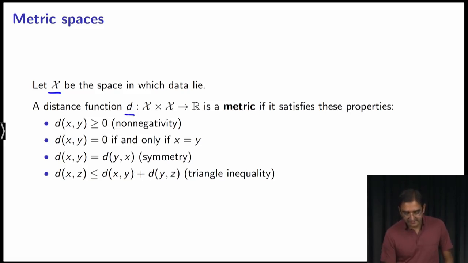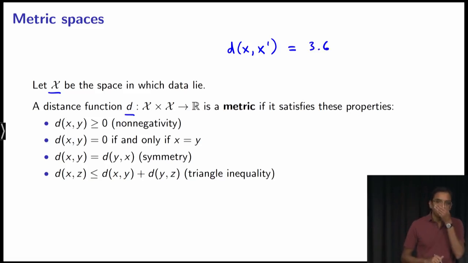Now we have a distance function on X. You give it 2 objects in X and it returns a value, maybe 3.6 or something like that. This distance function is called a metric if it happens to satisfy 4 basic properties.